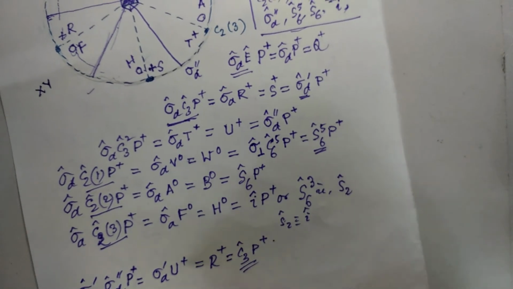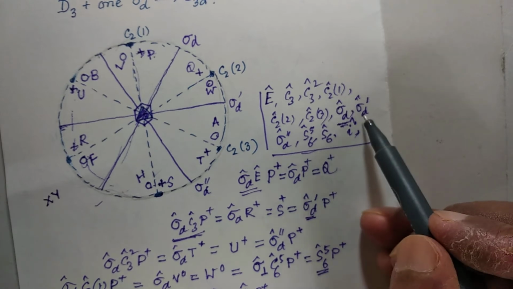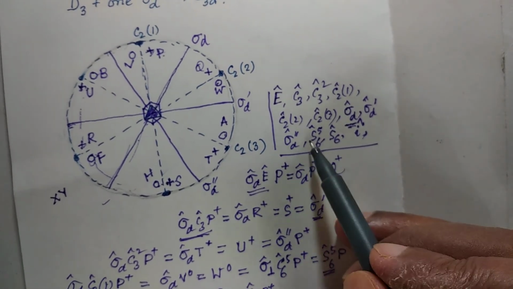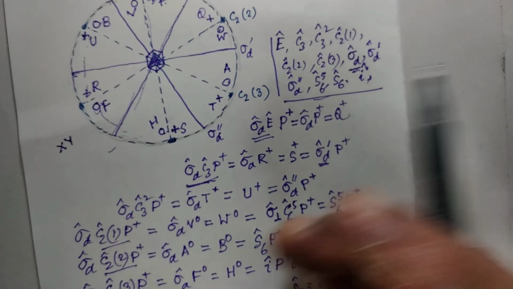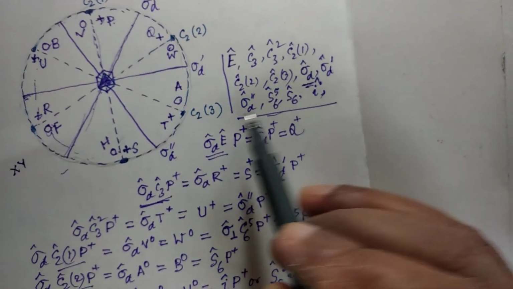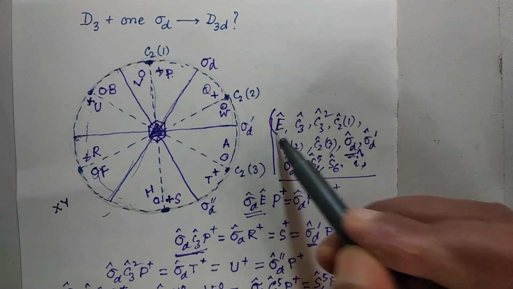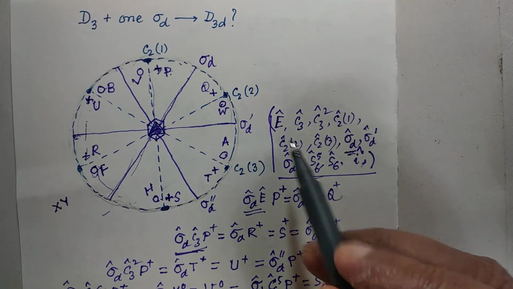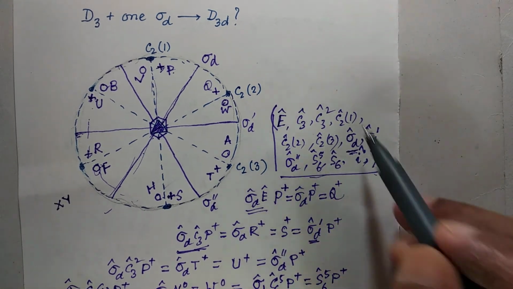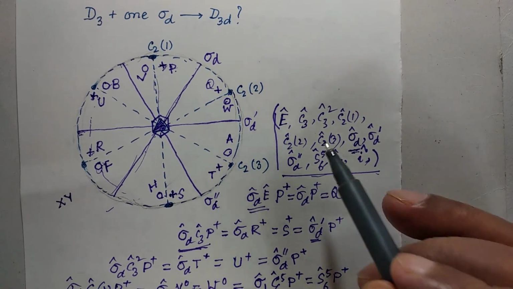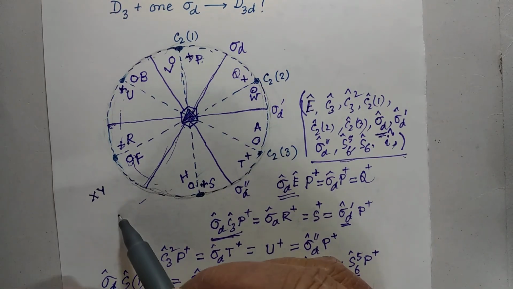Therefore, no new symmetry operation is generated by the product of the newly generated symmetry operators. We can carry out all possible binary products, and we will find that this whole is a closed set of symmetry operators, and therefore these will form a new point group, and that is in fact the D3d point group.